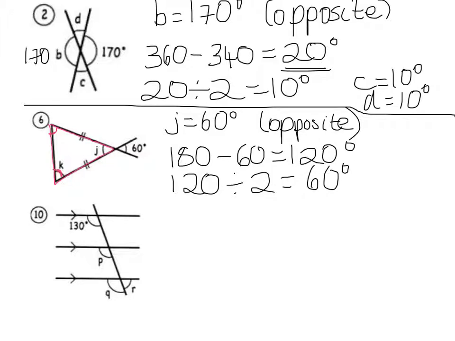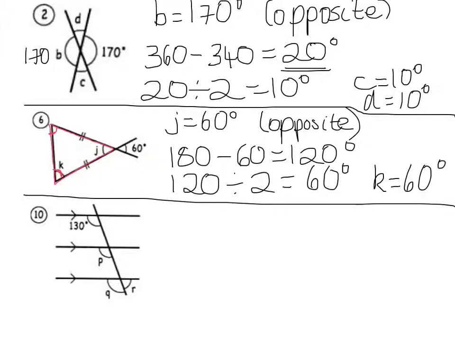And that means that K then is equal to 60 degrees. We've used the fact opposite angles are the same, and also angles in a triangle add up to 180. And you also need to notice that since these two sides are the same, these two angles will also be the same.